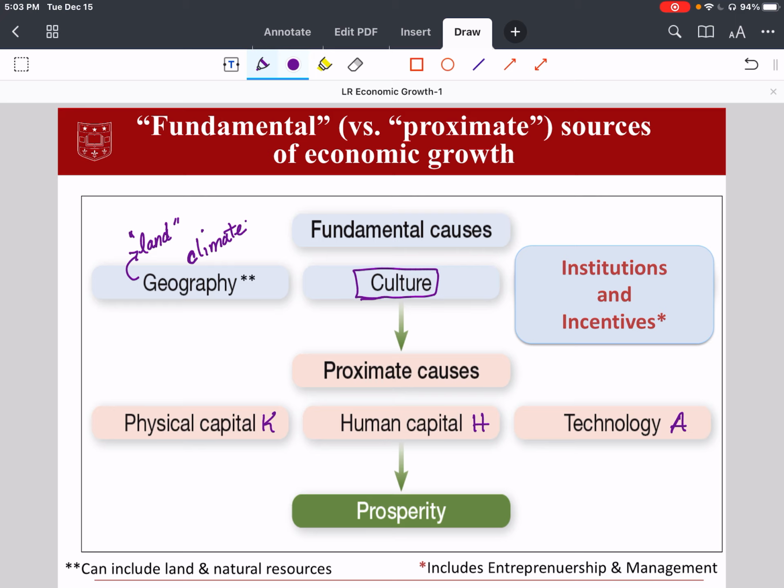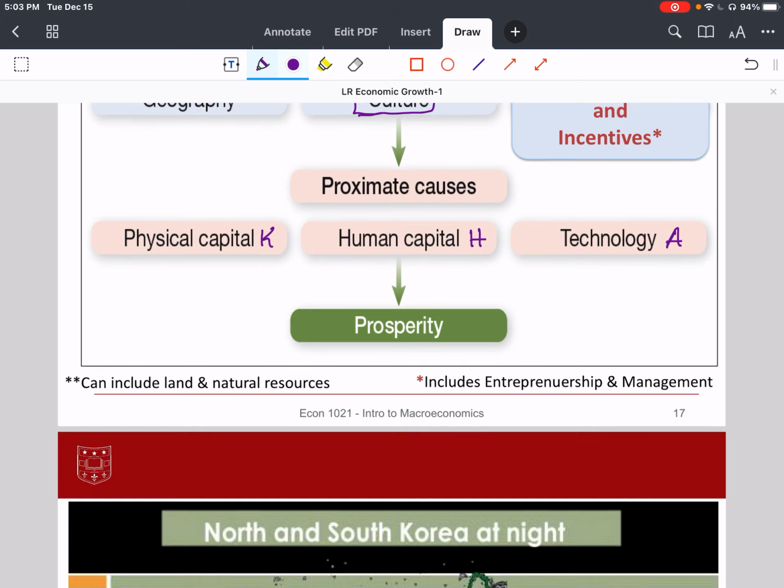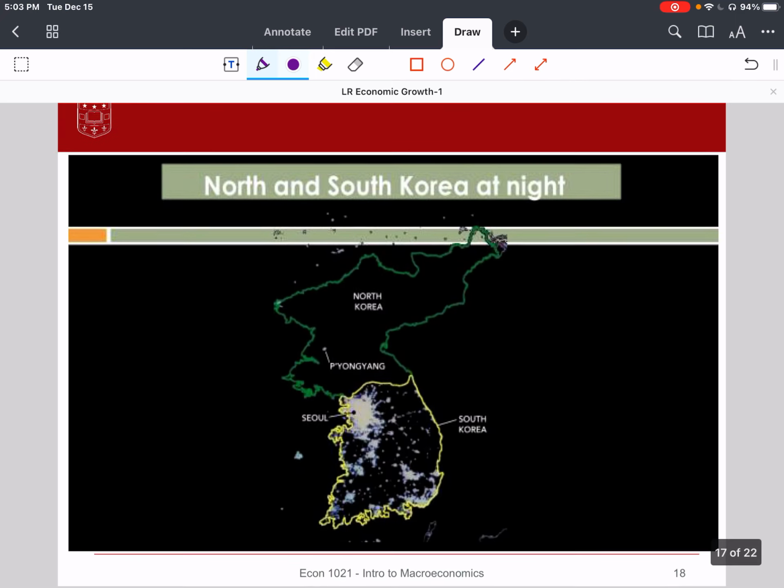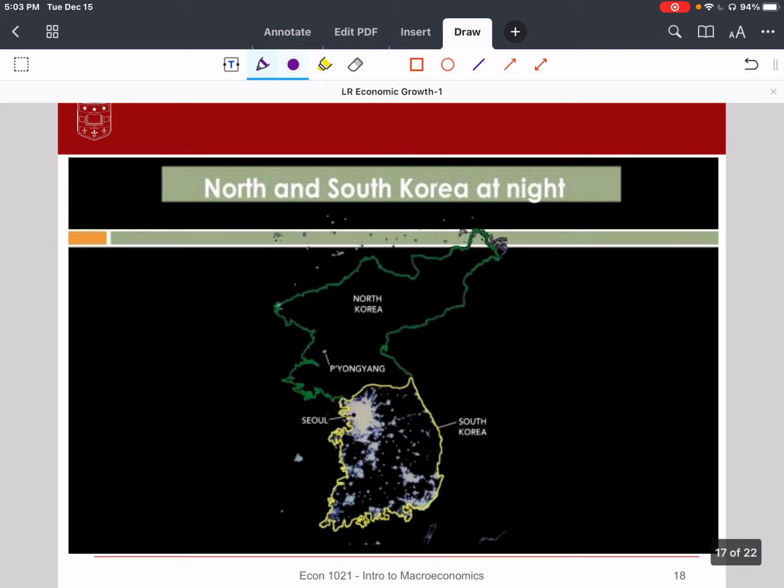And yet, when we look at the North and South Korean peninsula by night, you can see the phenomenal difference in terms of development by just looking at light. North Korea is largely devoid of ambient light at night, and South Korea is lit up like no other.